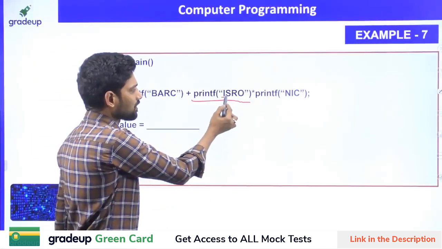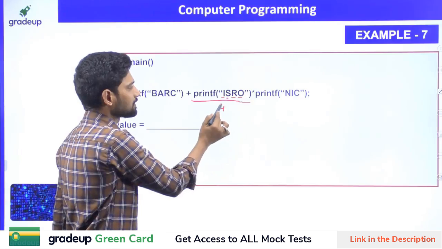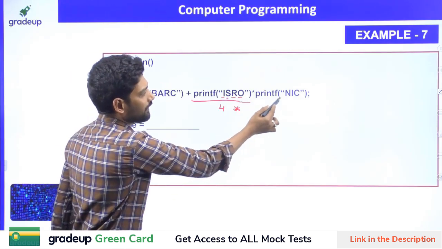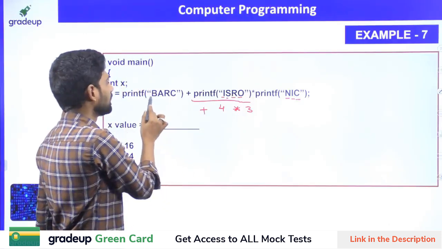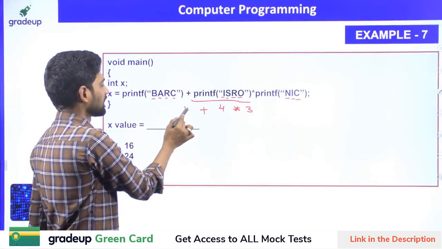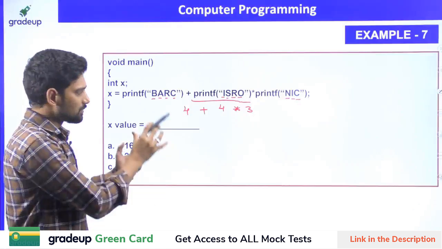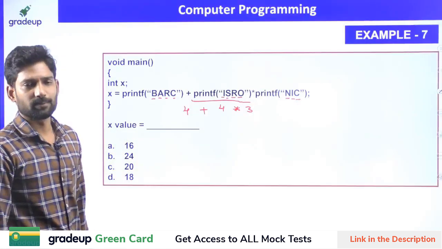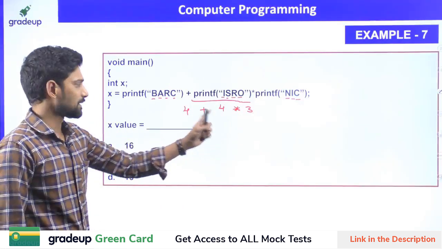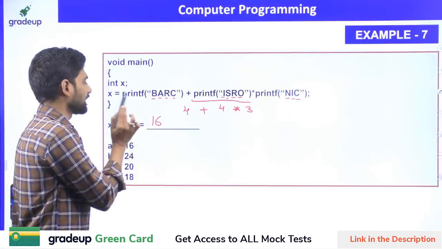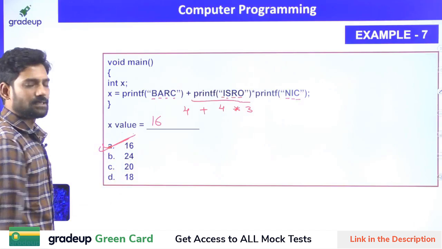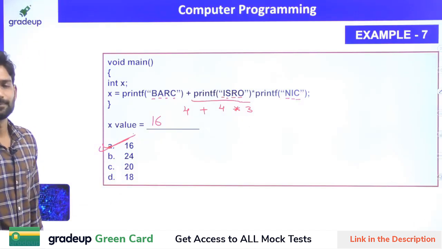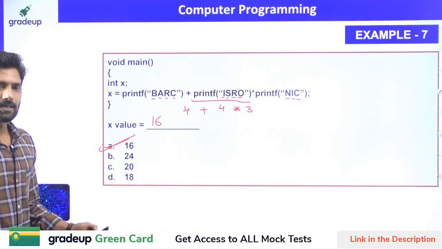So it will process 4 characters, 3 characters, and 4 characters. So 4 into 3, 12 plus 4, 16 would be the x value. So the answer for this is 16.